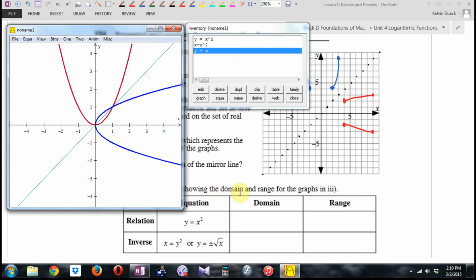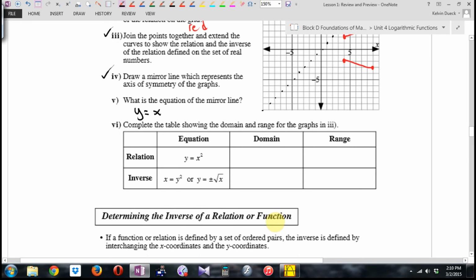Let's write that in our notes. Our particular parabola, the domain, x is an element of the reals, and the range, y above and touching 0.